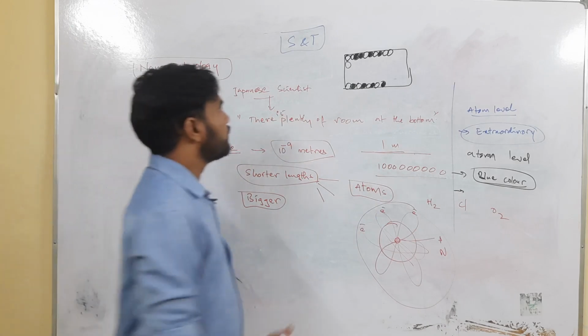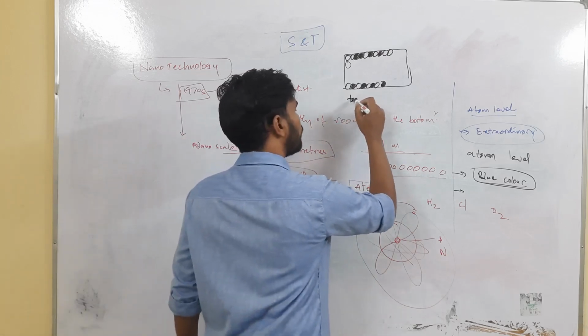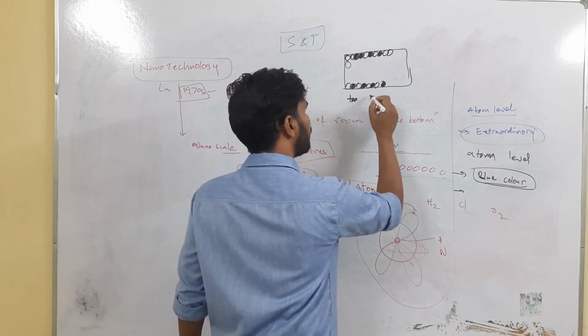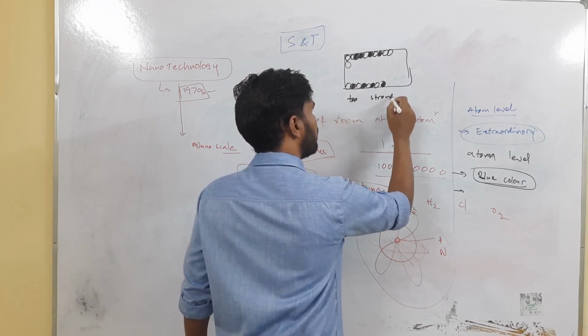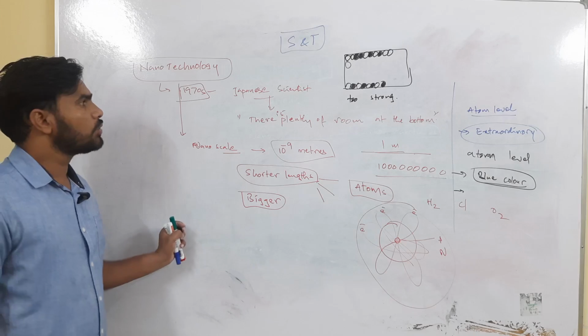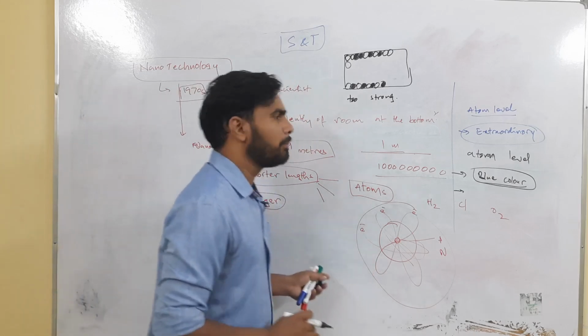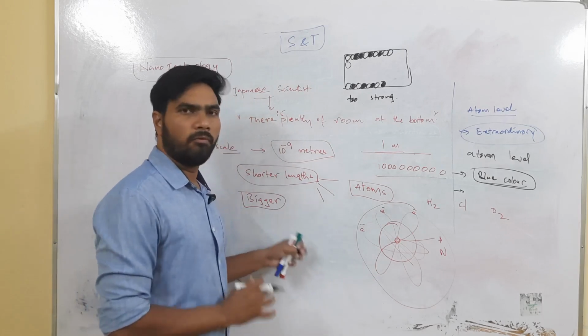Then this board may become too hard, too strong. With normal force I may not be able to break it. So that is another change in the property of this whiteboard.